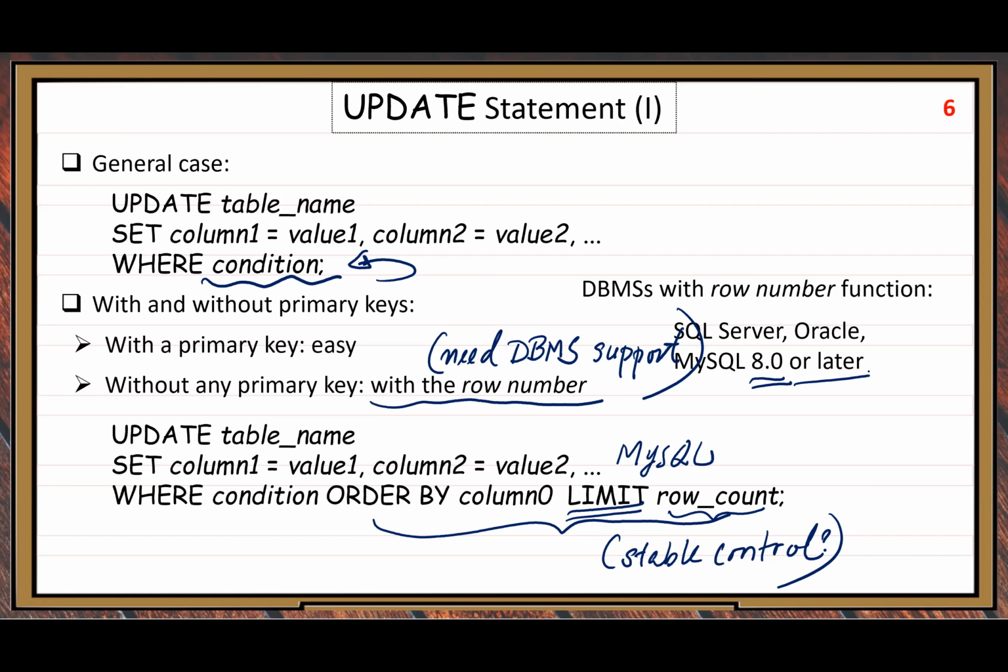So you can imagine that row count, row number, not row count and row number, those two concepts are still slightly different. Probably row number is a more stable control than row count, because row count can change easily based on your query result.